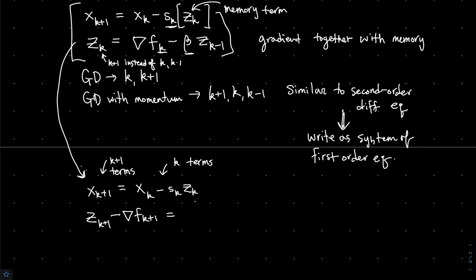And in the right-hand side, we only have minus, wait, I think this should be plus. Yeah, this was sort of strange. I think that was an error on my part. So here, then, on the right-hand side, we just have beta zk minus 1, right?